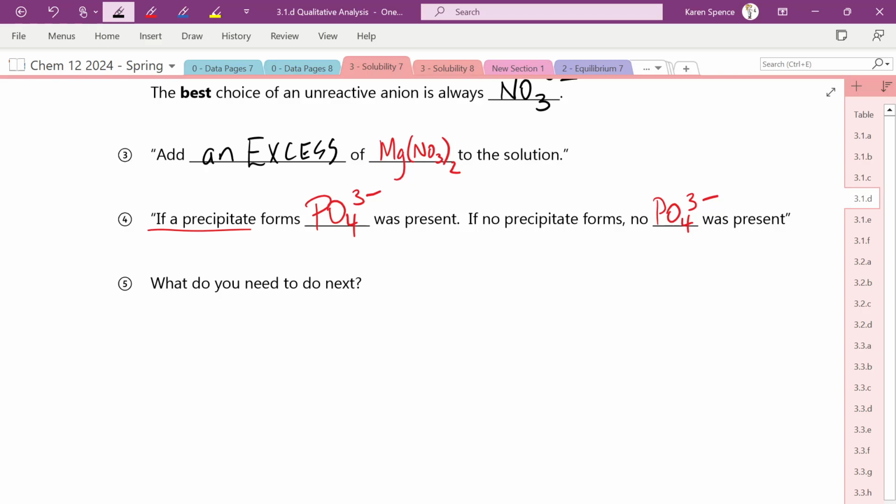We need to do that. We need to centrifuge and decant.